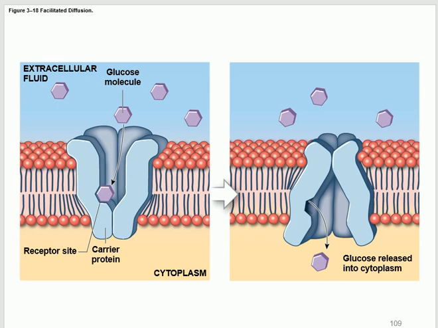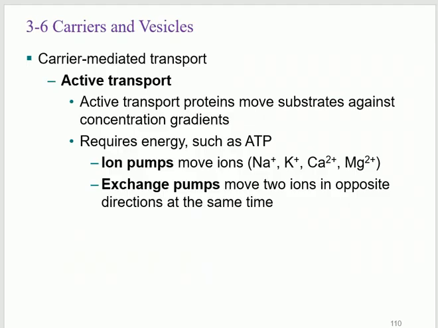The only way is a carrier to carry it in. And specificity means this carrier is for glucose. Glucose goes, fits in at the receptor site, and look at this, it will open and move it in. So the one that we talked about is the passive one, facilitated diffusion.